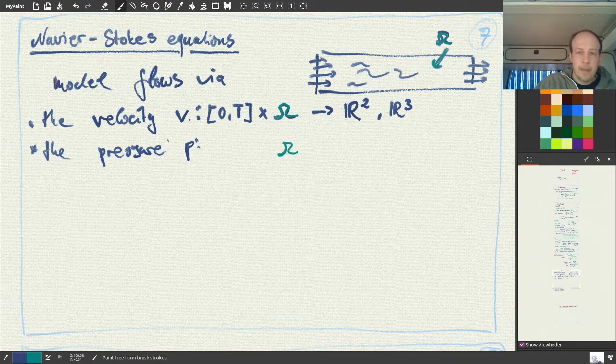The pressure also depends on time and on space, and it maps into R. The pressure is just a value, and the velocity is a field.